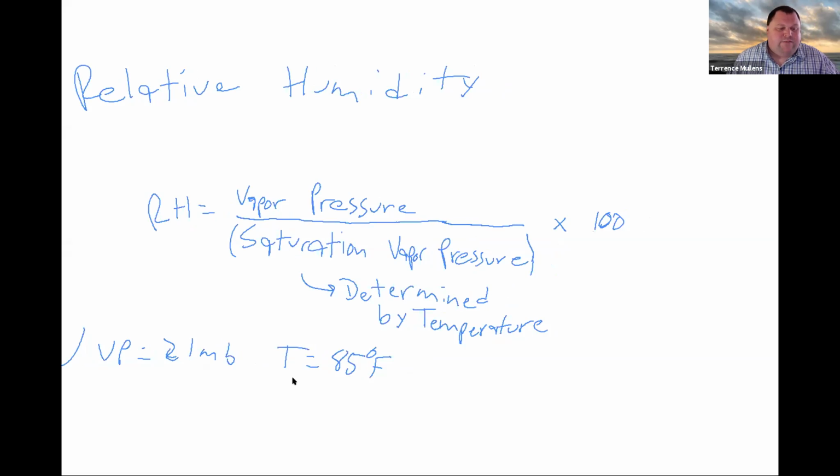So for a temperature of 85 degrees, you would get a saturation vapor pressure of 41.1 millibars. And once again, that's just from that table that we looked at.